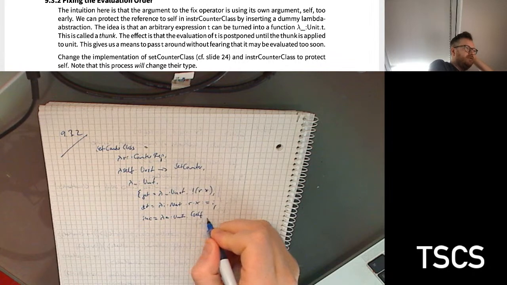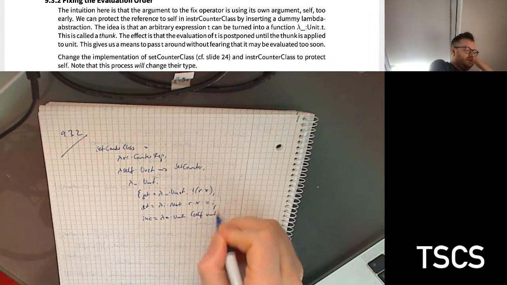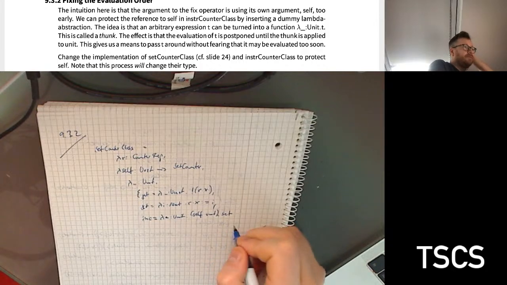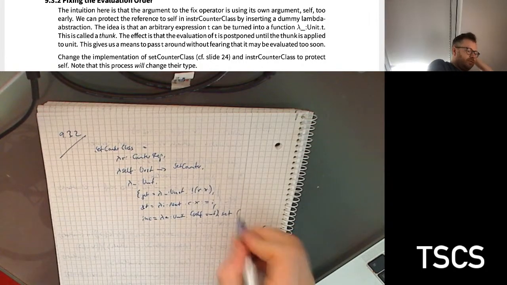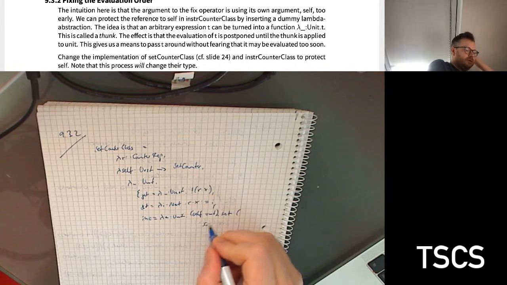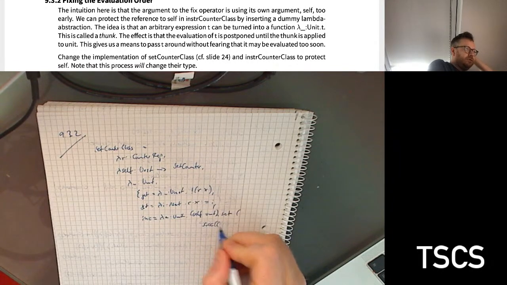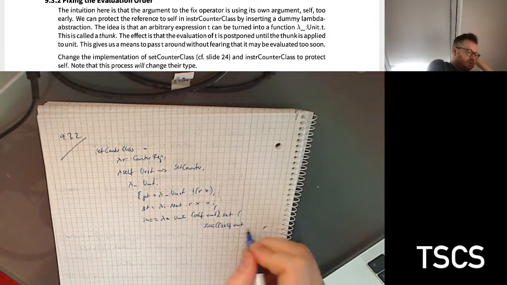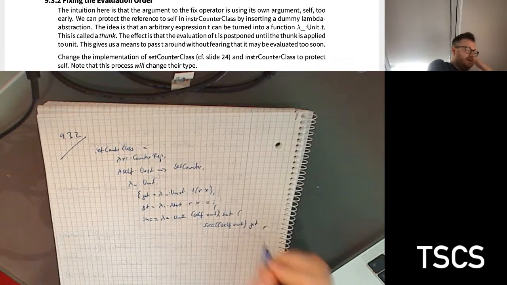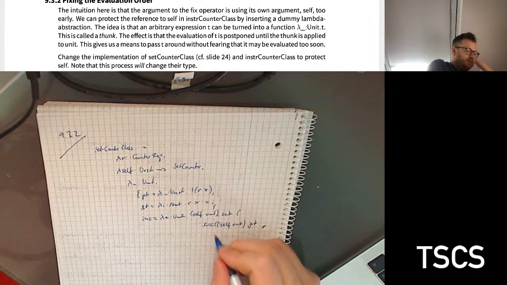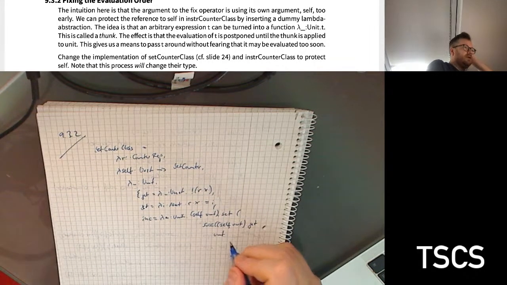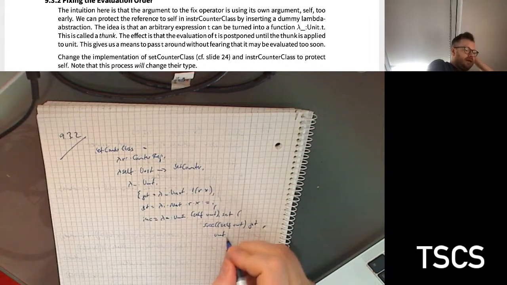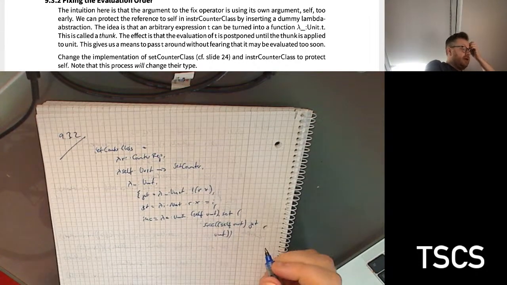We use self unit dot set, parentheses open, successor of self unit dot get, and of course we need to provide a unit for that because get takes a unit, and then close the parentheses and we're good.